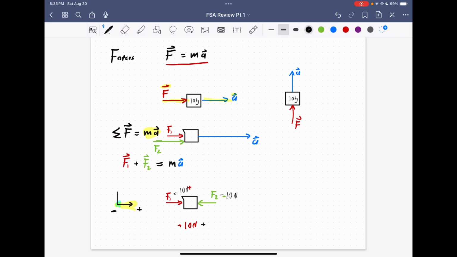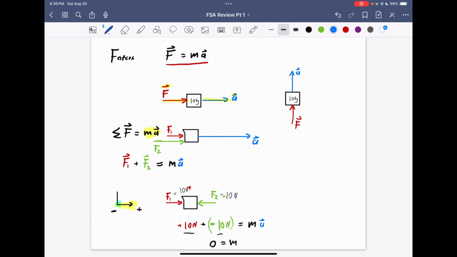So it's going to be plus negative 10 newtons, right? So you can't take away the plus sign and just do negative, but you're always adding them. It just happens that this is negative, equals mass times acceleration. But we see here that the 10 and the 10 are going to cancel out and give us 0.